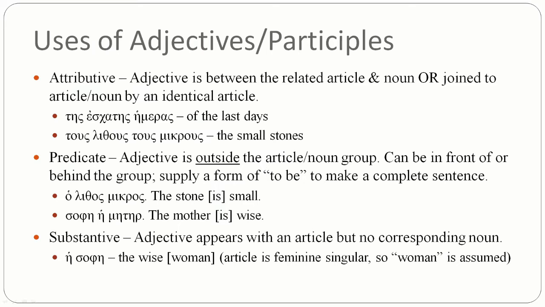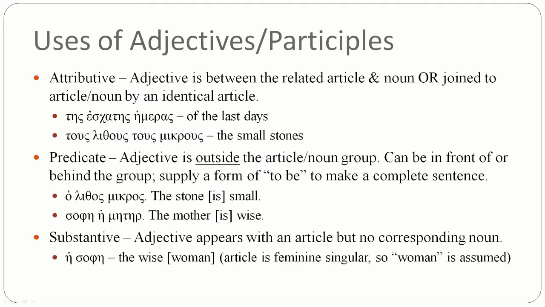Look at the first example here, tes eschates hemeras. Tes hemeras is the article-noun combination, the day. In this case, it's genitive, so of the day. And then you have the adjective eschates in there: the last day, of the last day.